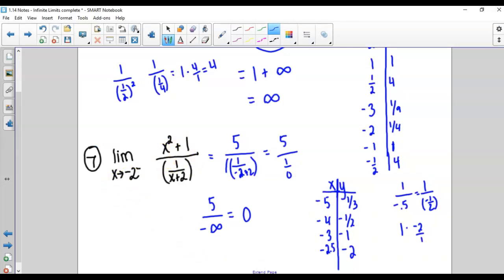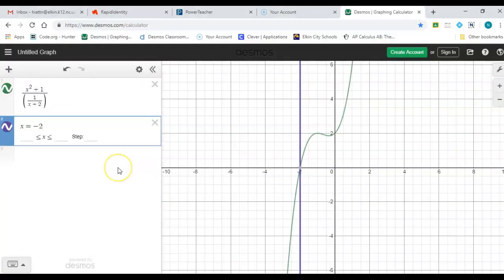Type this in right: x squared plus 1 over x plus 2. Well, I guess that's right, because we got 0 with our answer. So that's correct. I'm looking for an asymptote, but there's not an asymptote at this point. So you would just have 0 as your answer there. Approaches 0. Okay.